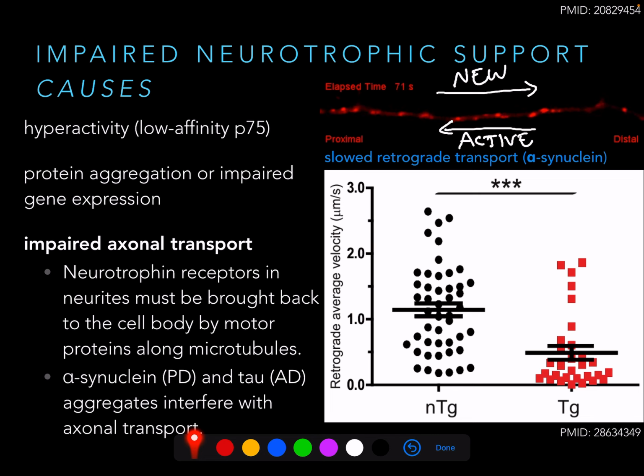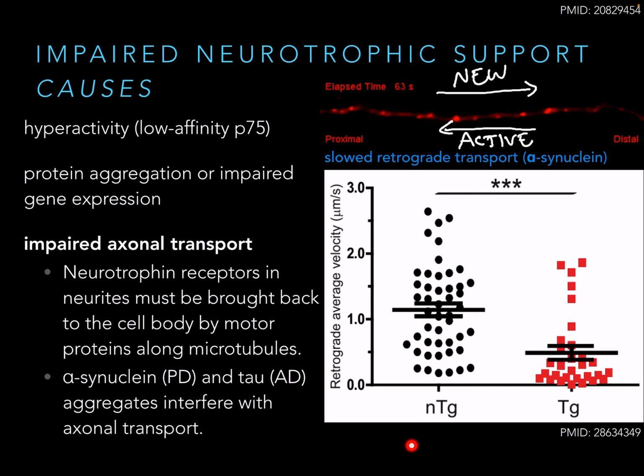So anything that damages microtubules, that is the roads that motor proteins use for axonal transport, or the motor proteins, or the attachment of cargo to motor proteins is going to interfere with axonal transport and thus interfere with neurotrophic support.